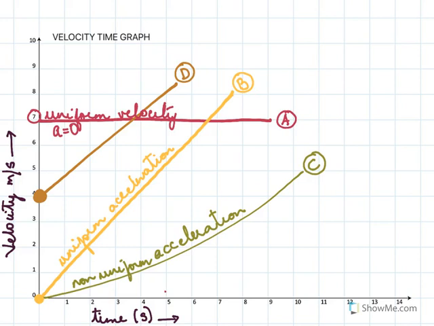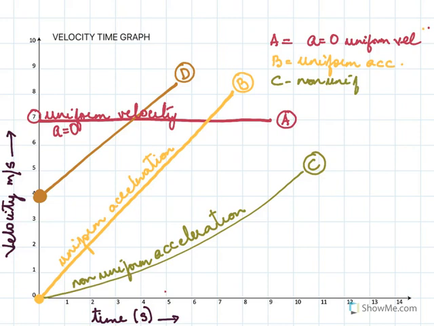So if we were to summarize again, we would say for A, acceleration 0, uniform velocity. Then we get on to B, and for B we will say uniform acceleration. Then we get on to C. Here we say non-uniform acceleration.